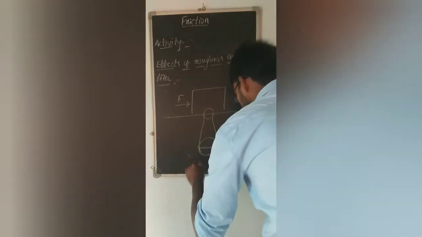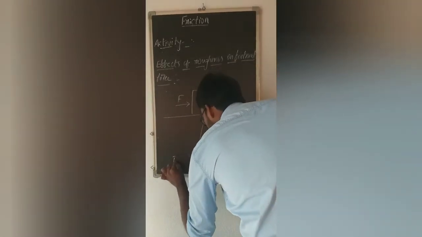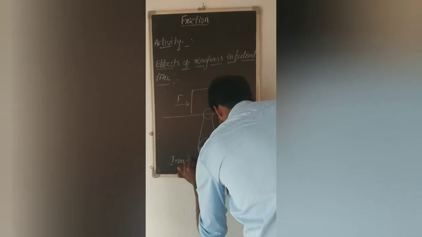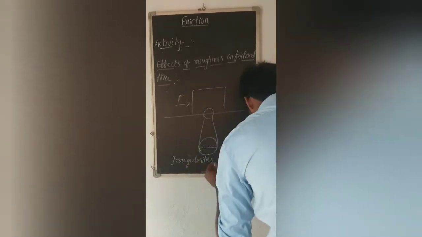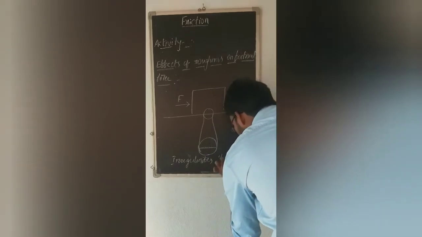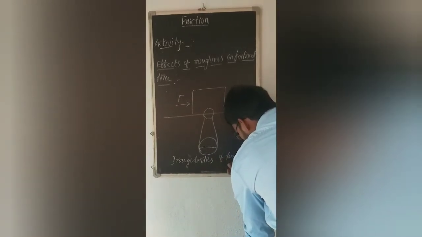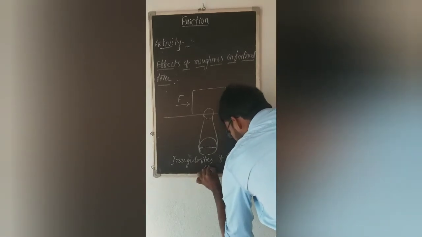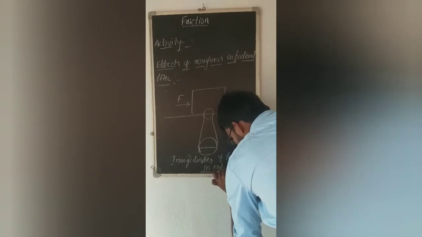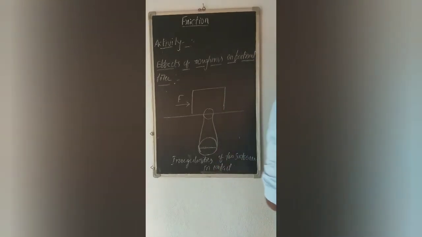Here we write: irregularities of two surfaces in contact. That is about activity number 3.